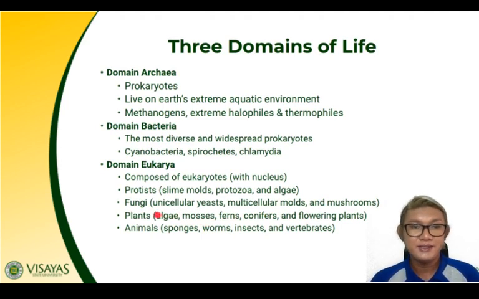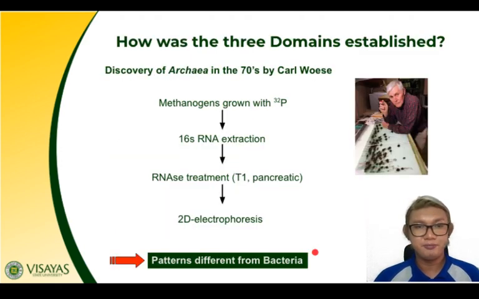The plants, under kingdom Plantae, like the algae, mosses, ferns, conifers, and flowering plants. And the animals under kingdom Animalia, just like sponges, worms, insects, and vertebrates and other invertebrates.